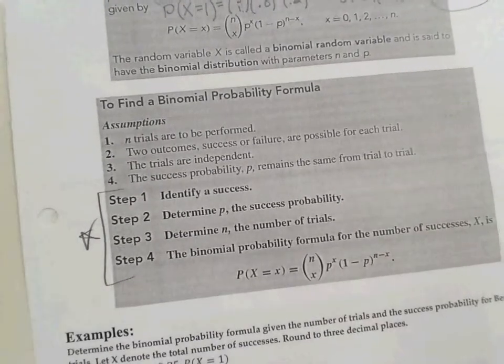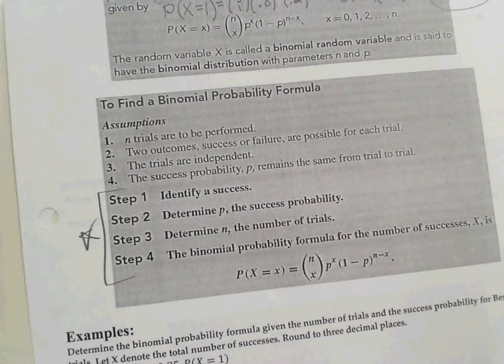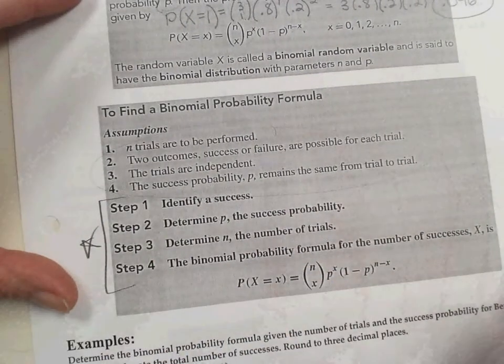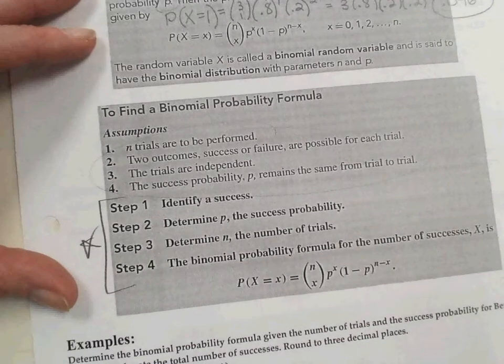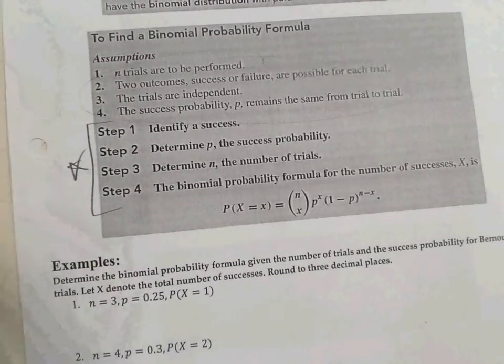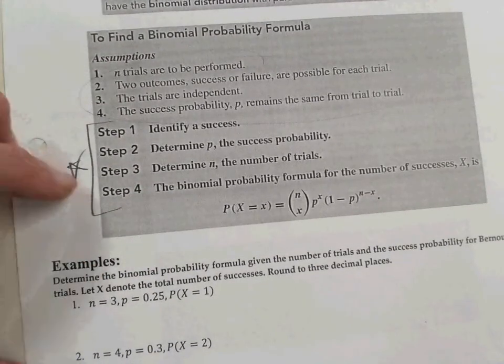It can be easy to mix up which one's the success and which one's the fail, so it's good to write that down. And of course, we have our Bernoulli assumptions. N trials are performed, 2 possible outcomes, one's a success, one's a fail. All trials are independent, and the success probability p has to remain the same the whole time.